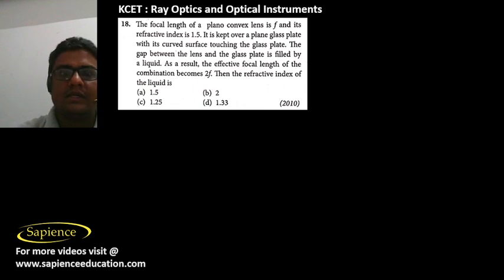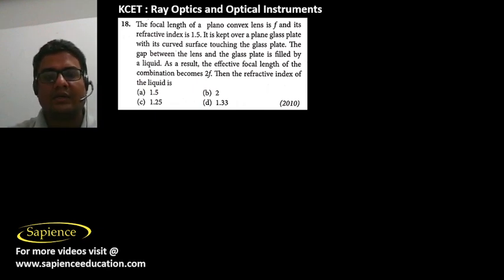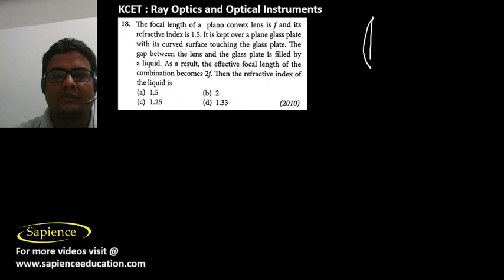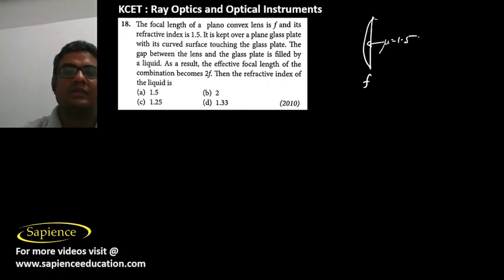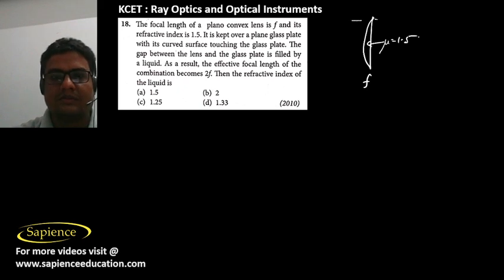Then in question number 18 it is told the focal length of a plano-convex lens is f, and its refractive index is 1.5. It is kept over a plain glass plate with its curved surface touching the glass plate, like this.